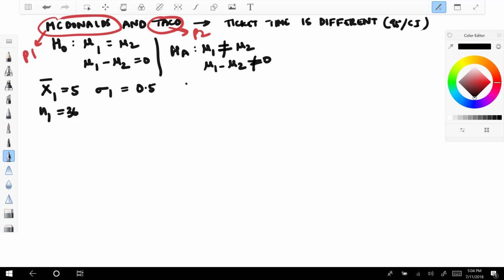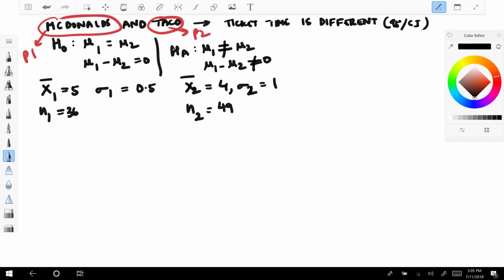For Taco Bell, our x2 bar, the average ticket time, would be 4 minutes, and the standard deviation is known and given as 1 minute, and the sample size is 49.